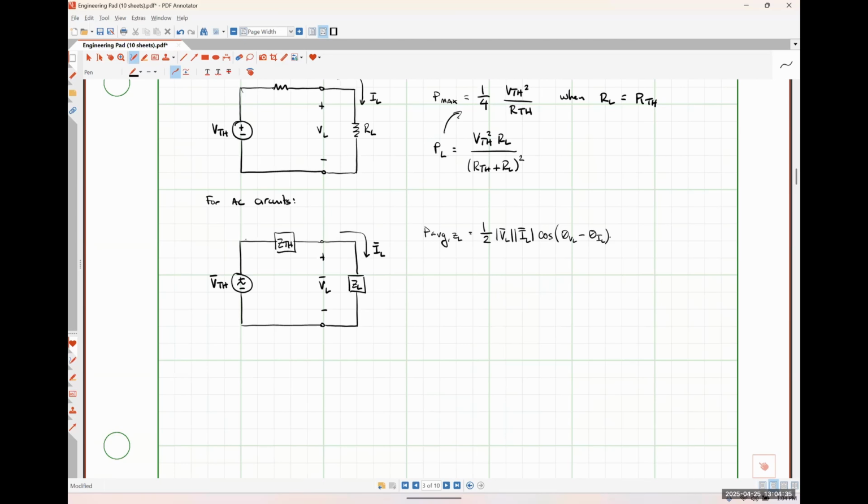I'm just working explicitly with these phasor quantities now, okay? So that is our average value for our power for this generic load.